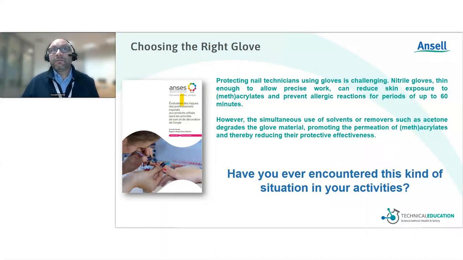So the acetone, unfortunately, degrades the glove material, degrades these nitrile gloves, and promotes the permeation of methacrylate, so the workers were exposed to methacrylate. They thought that they were protected because they were wearing a glove, but because they are handling acetone, it degrades the gloves and they are exposed to other chemicals. So you see, even if we compare the dangerousness of acetone with methacrylate, it's not the same thing, but the fact that acetone degrades the glove leads to more exposure to methacrylate.